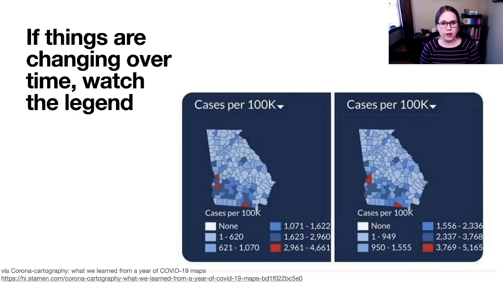And then just one other thing that's come up with choropleth maps, and specifically with COVID, because we've been looking at a lot of them over the past year plus, is that if things are changing over time, you should watch the legend. So there was a lot of criticism of the COVID maps that were coming out of Georgia because the legends were being automatically generated by whatever analysis software they were doing.